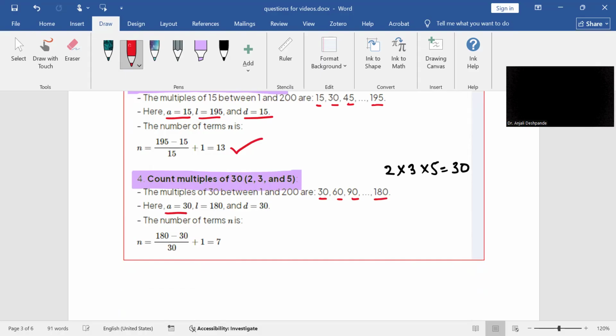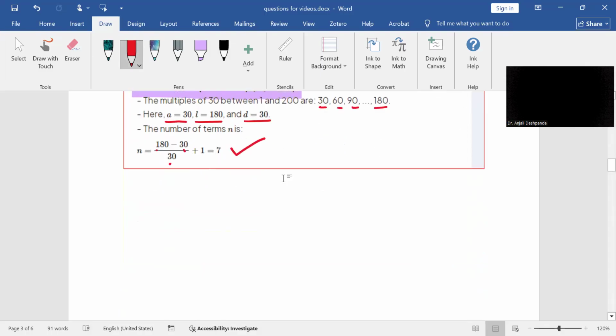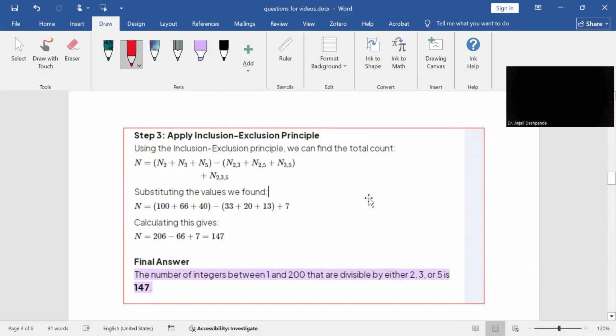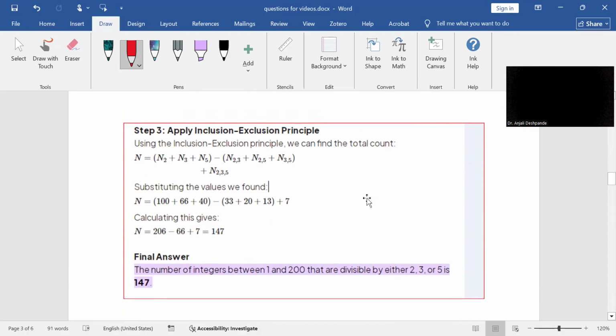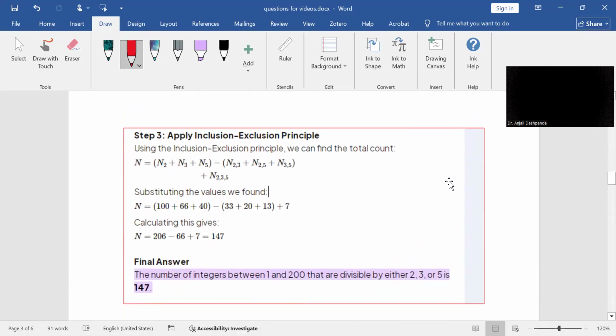The first term is 30, the last term is 180 and the common difference is 30. Using our earlier formula, 180 minus 30 is 150, divided by 30 is 5, plus 1 equals 6. So now we have got all the possible combinations and the multiples.